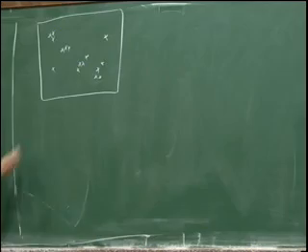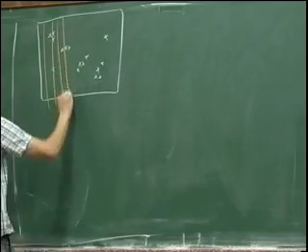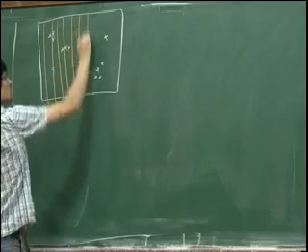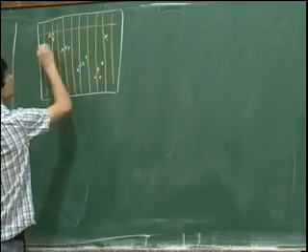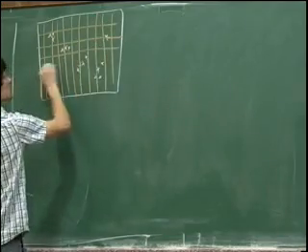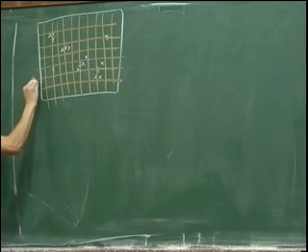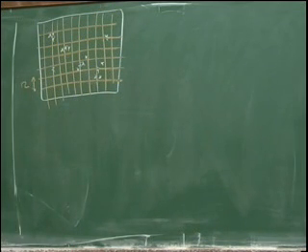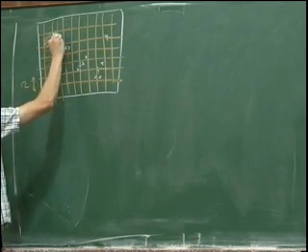So we take a subgrid like that. And this grid is of mesh r. And what we do is we only look at the squares like this.